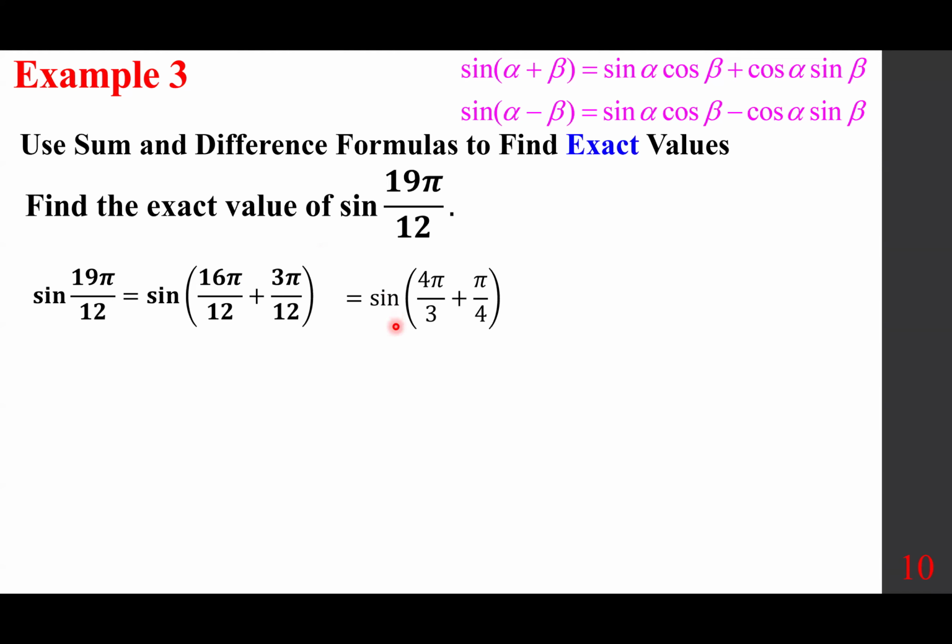So sine of 4 pi over 3 cosine of pi over 4 plus cosine of 4 pi over 3 sine of pi over 4, according to the sine of alpha plus beta formula.